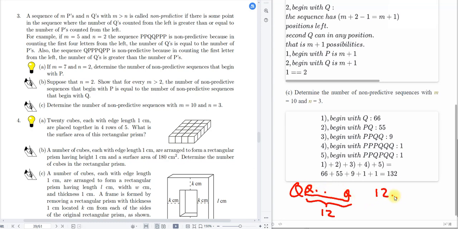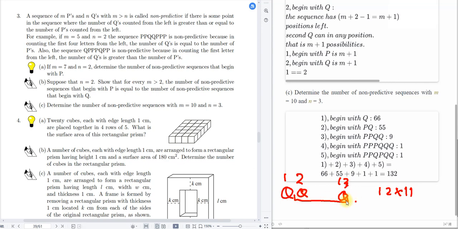Here or here, 12 positions, and the third Q can be in 11 positions. There are 12 multiply 11, but for example, this is position 1, the second Q in position 2 and the third Q in position 30.